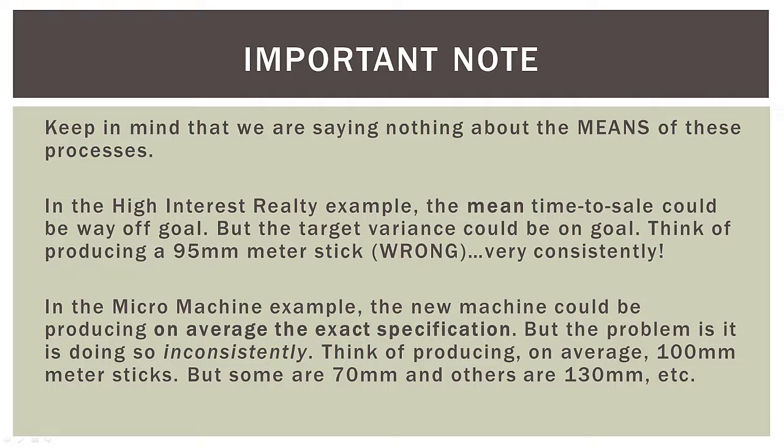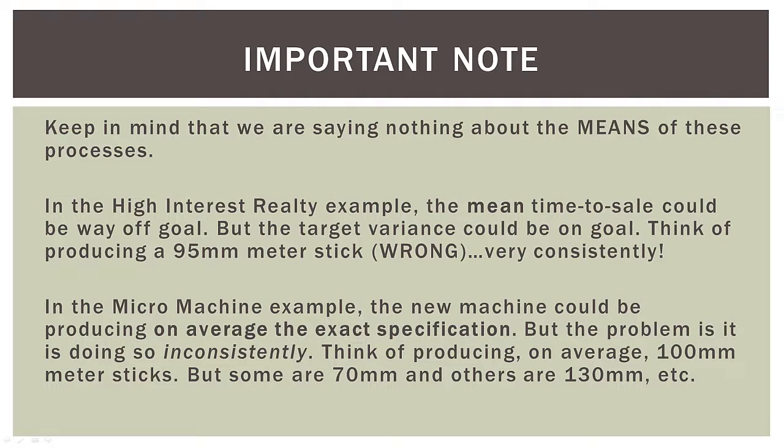Now in the micro machine example, the new machine could be producing on average the exact specification we want. But the problem is it's doing so inconsistently. So think of producing on average 100 millimeter meter sticks.